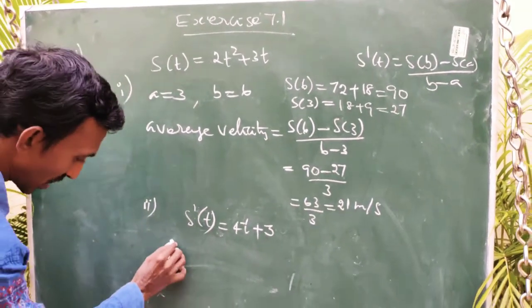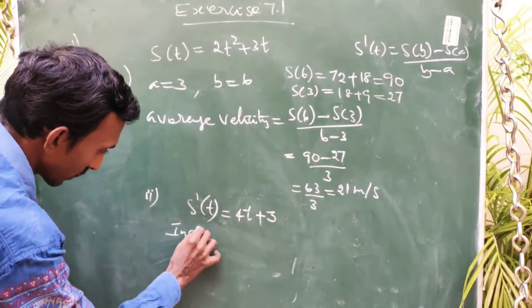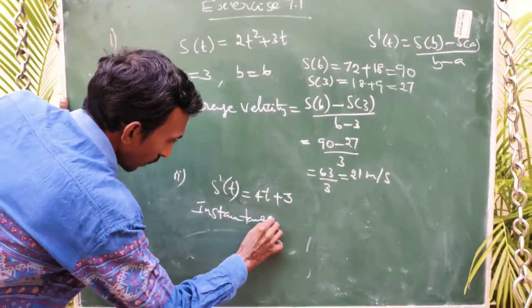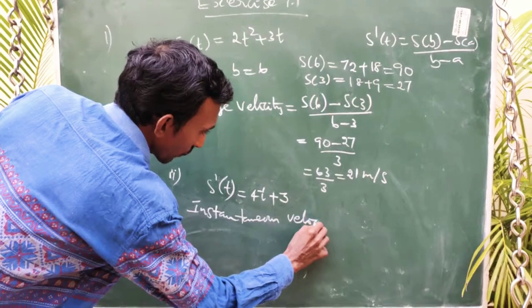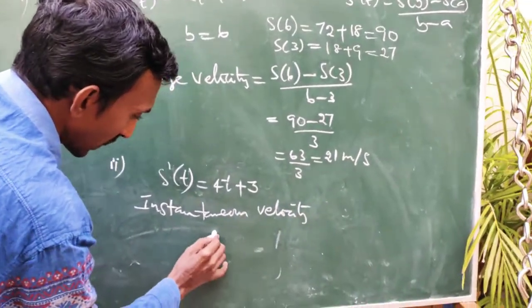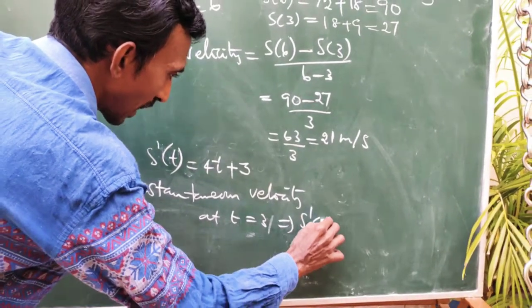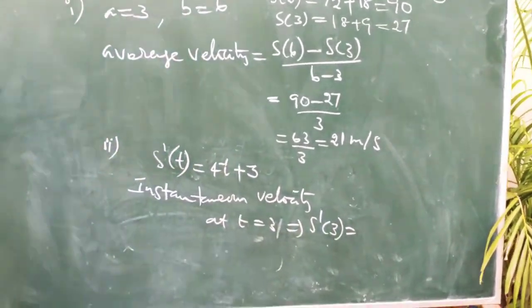So instantaneous velocity, they are asking. So first at t equal to 3, which implies s dash of 3. So put t equal to 3 here.